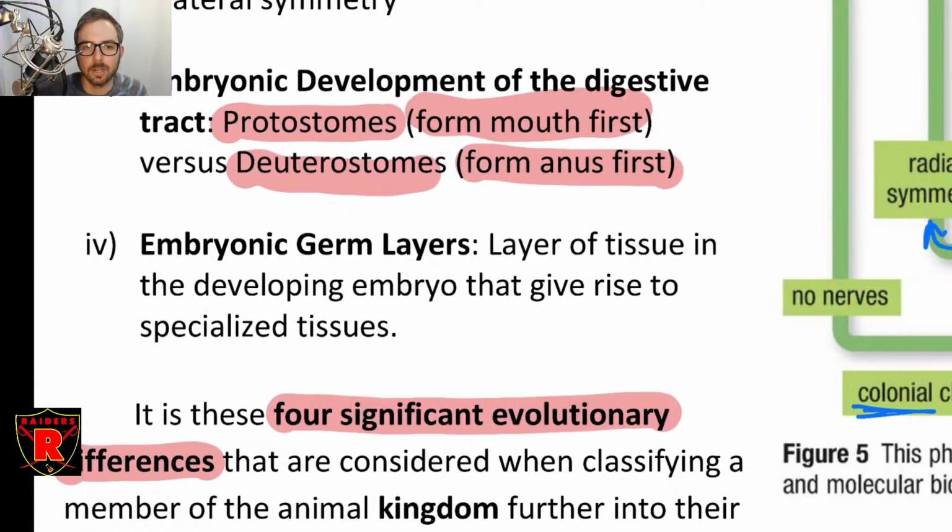And then you can also look at the germ layers during embryonic development. When you look at a developing embryo, you can see that there are layers of embryonic tissue. And the number of layers that you have determines the type of layout that your body will have at the end. So we typically have 3 germ layers. One forms the outer structure, skin, bone.